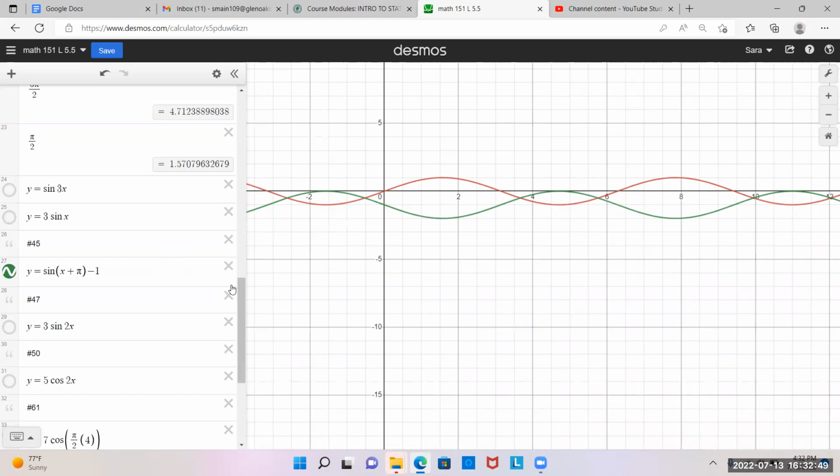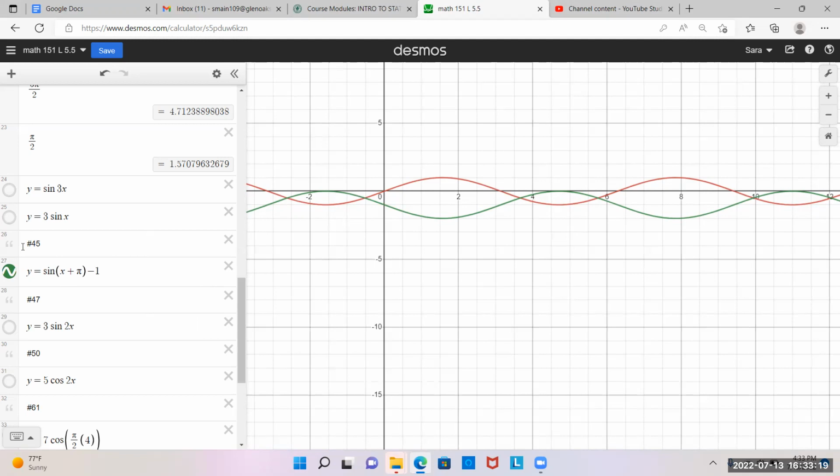So 43 is starting at 0, but it is going up to 1. Everything is shifted up 1, it looks like.